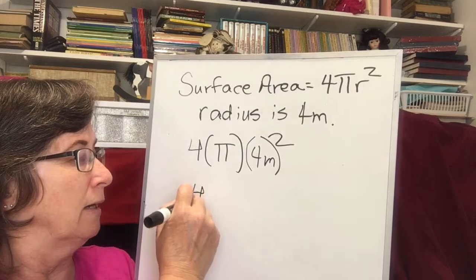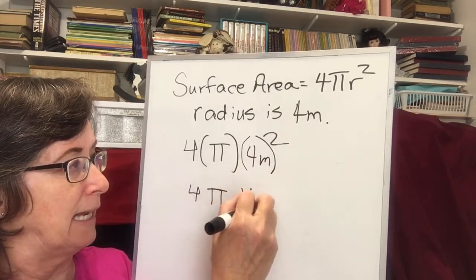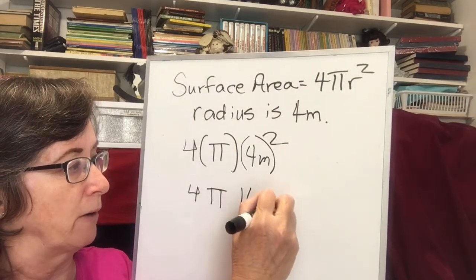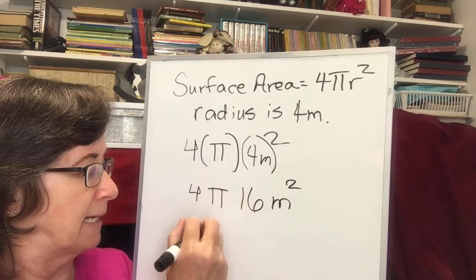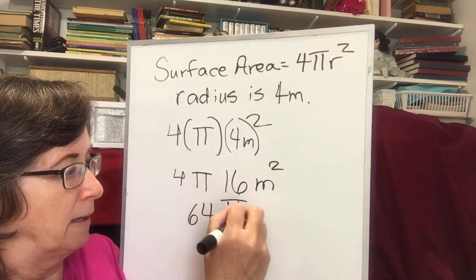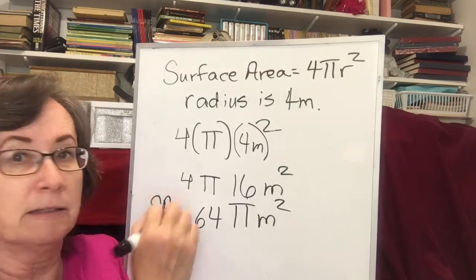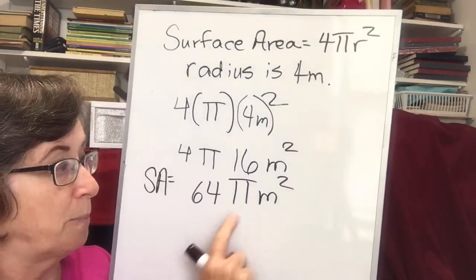So 4 pi, and then 4 squared is 16 meters squared. And 4 times 16 is 64 pi meters squared. So the exact surface area is 64 pi meters squared.